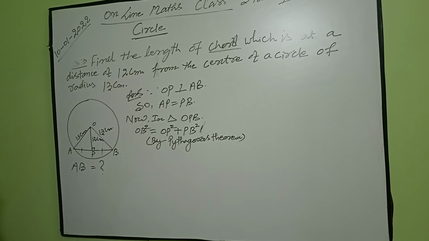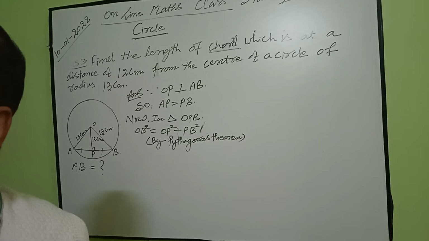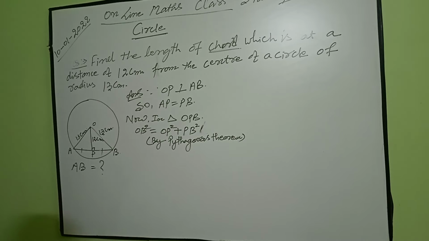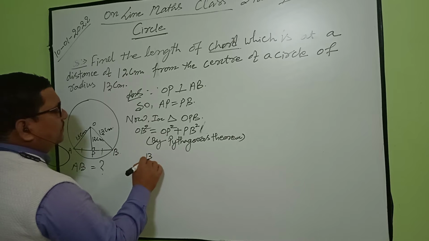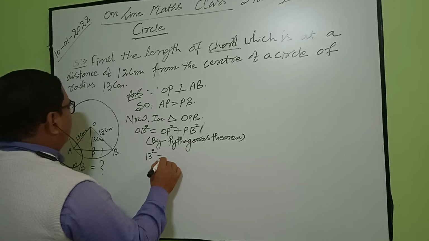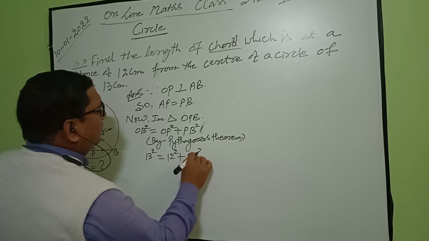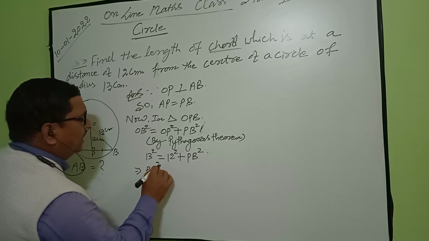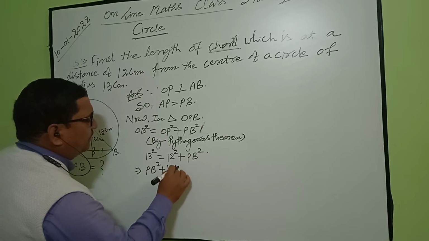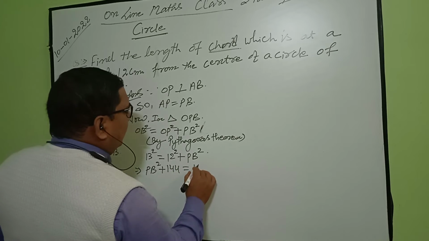So we will write OB, which is 13 square, equals 12 square plus PB square. Now PB square plus 144 equals 169.